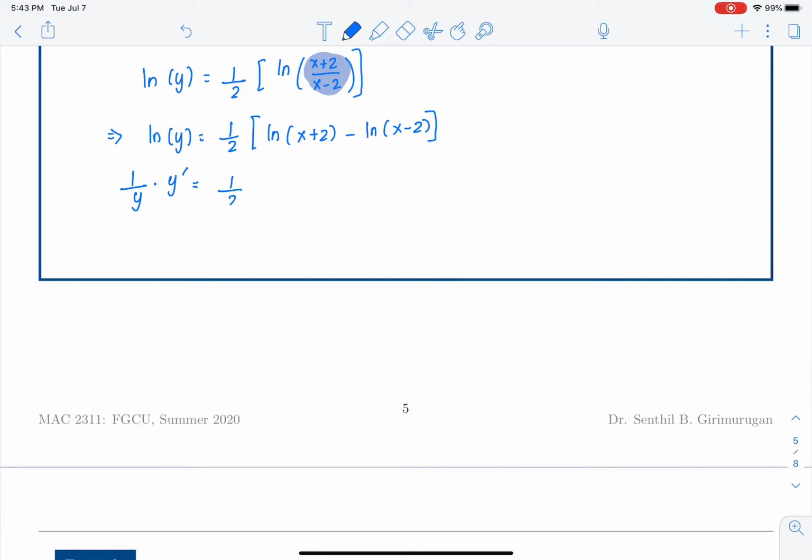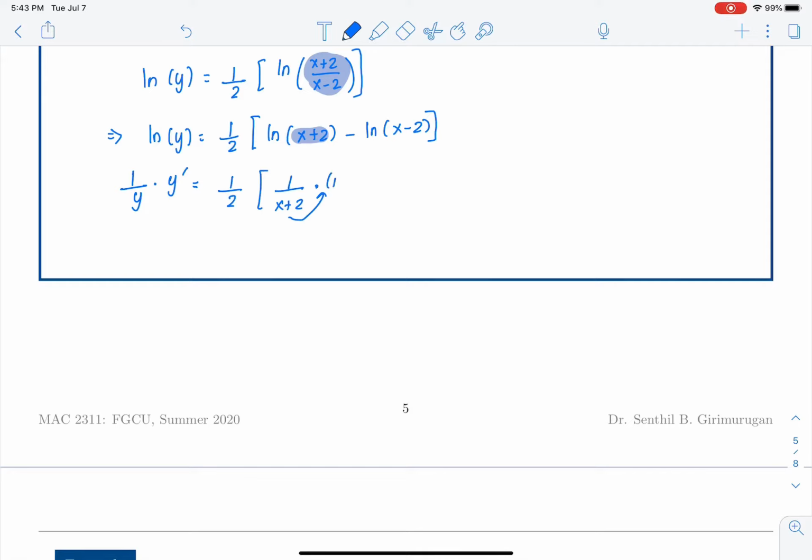Equals 1 over 2. We have x plus 2, which is a function of x. So 1 over x plus 2 multiplied by its derivative, chain rule.